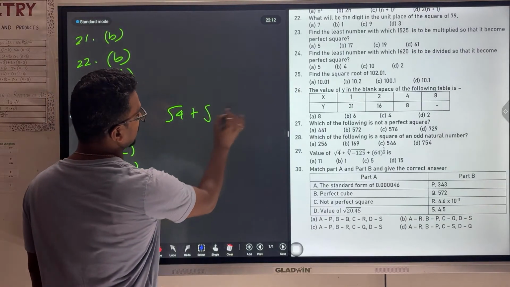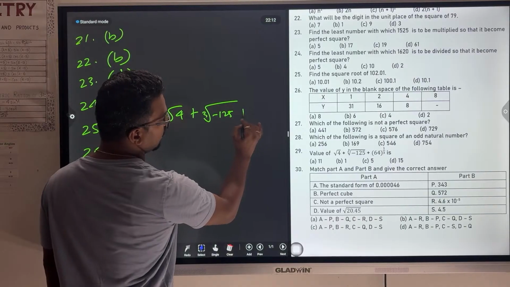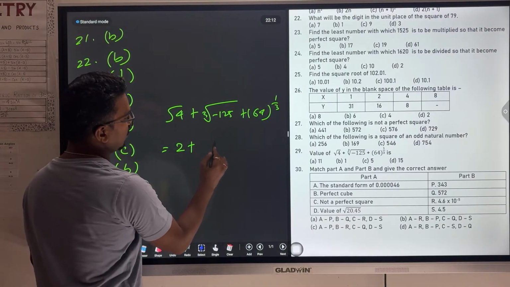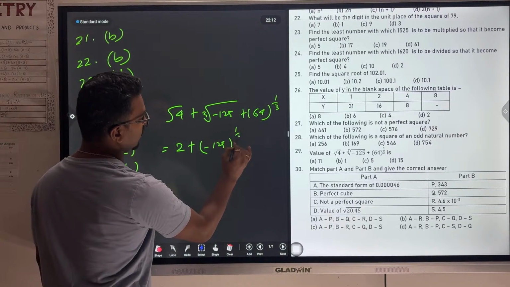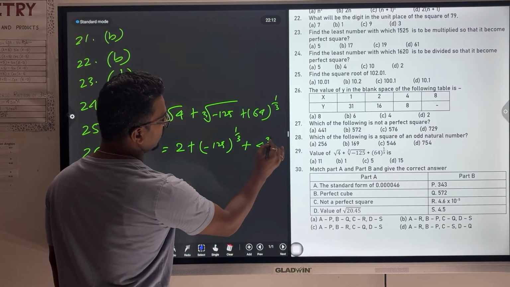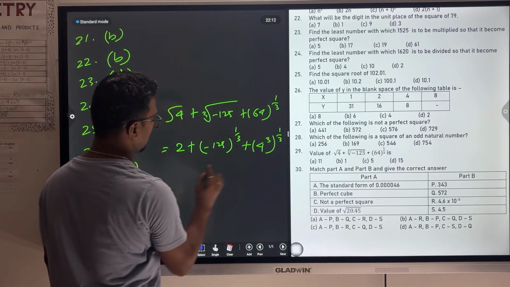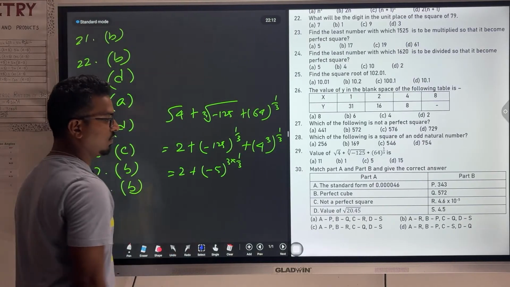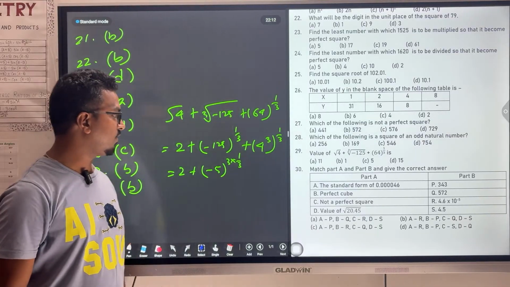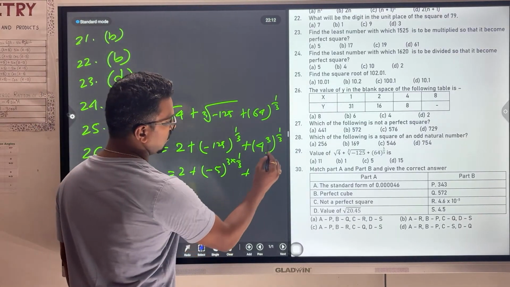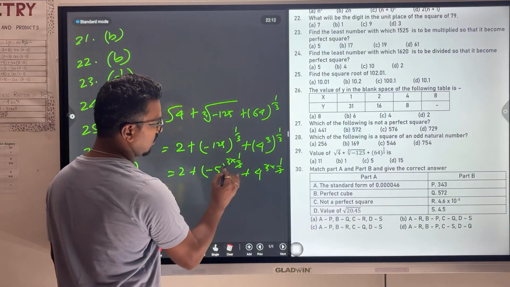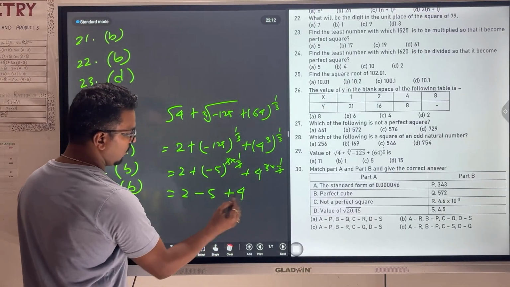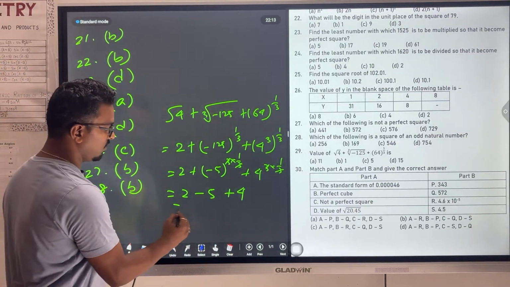Root 4 plus cube root of minus 125 plus 64 to the power 1 by 3. ইয়াৰ square root হৈ যাব 2. এটো লিখিব পাই 125 to the power 1 by 3, লিখিব পাই মানে এটো হৈ গল 4 cube power কিমান আছে 1 by 3 দি আছে. 2 plus this can be written as minus 5 to the power 3 into power already আছে 1 by 3, তো 5 minus 5 to the power 3 হৈ গল আৰু এফালে 1 by 3 আছে, আর এটো হৈ গল 4 3 into 1 by 3 এটো to cancel. কি থাকিলে 2 plus minus it will become minus 5 plus এটো হৈ গল 4. 4 plus 2 is 6, 6 minus 5 is 1.